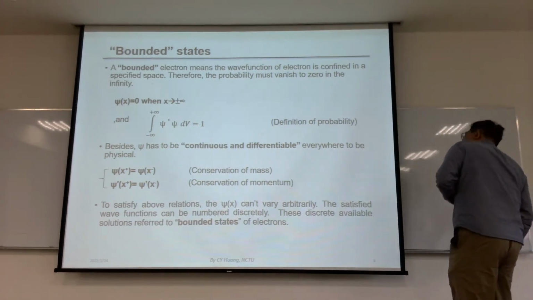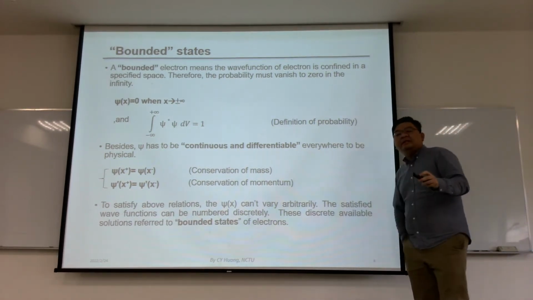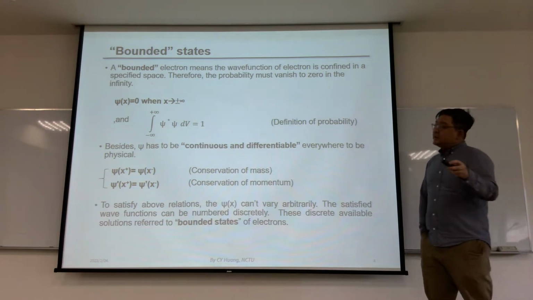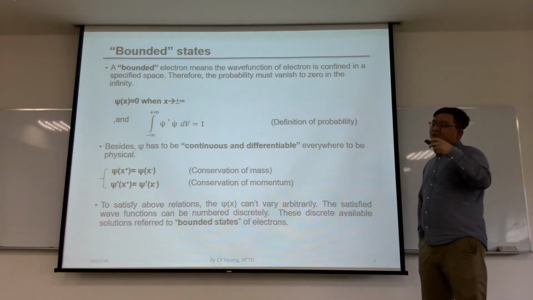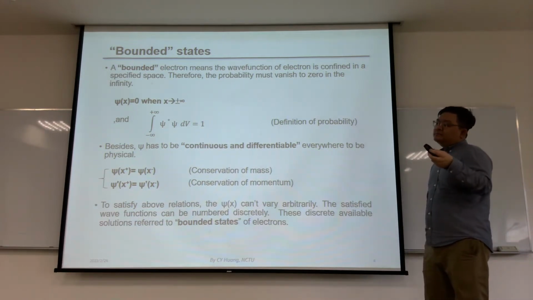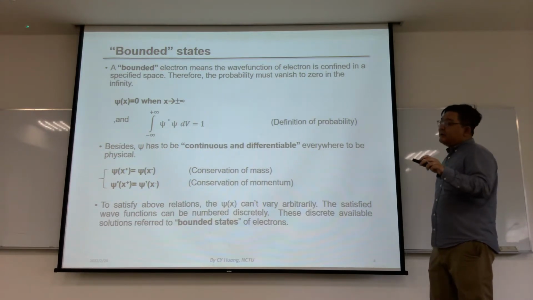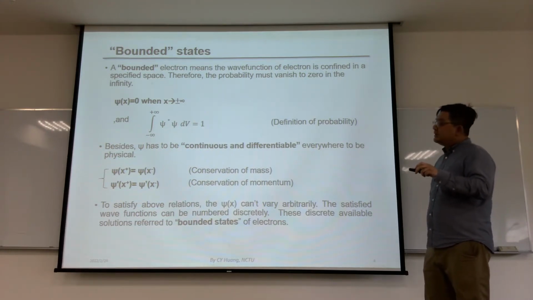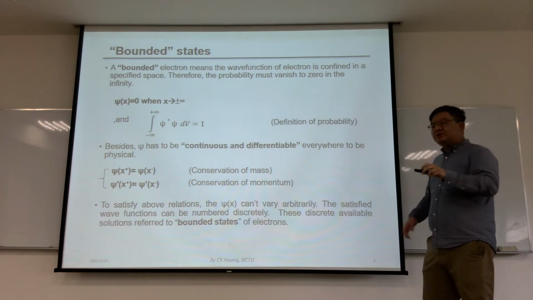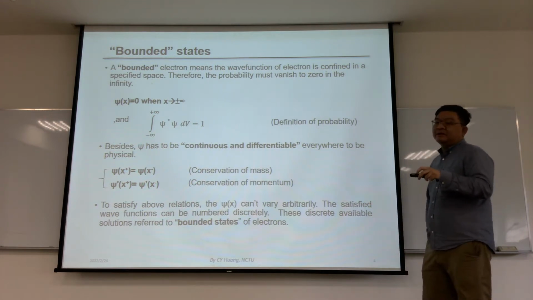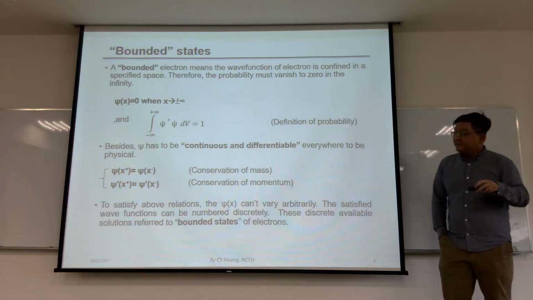So we can then go to another idea called the bound state. Since you are describing something with a continuous function, if the total probability doesn't go to 1, that means you are going to find it everywhere, because after normalization, you cannot find any wave function at a specific point.